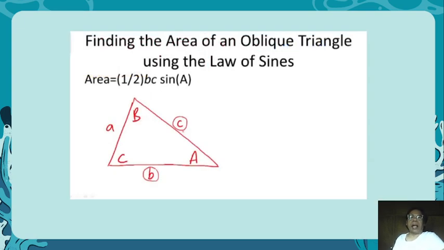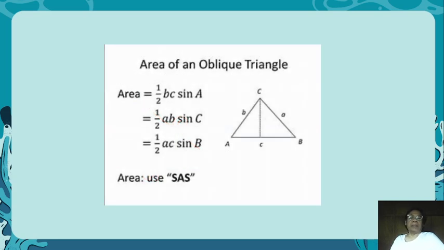Finding the area of an oblique triangle using the law of sines. Area is equal to 1/2 bc times sine of angle A, using SAS, side, angle, side.